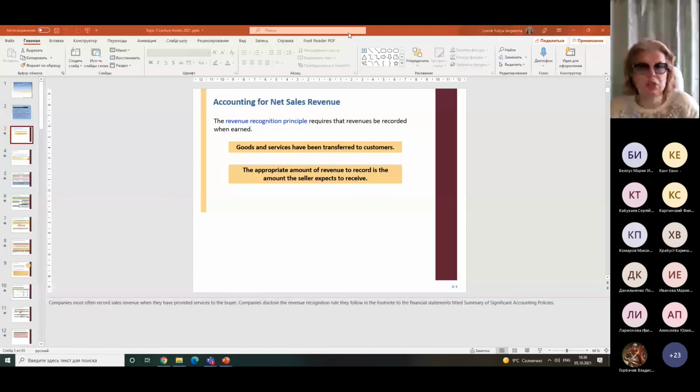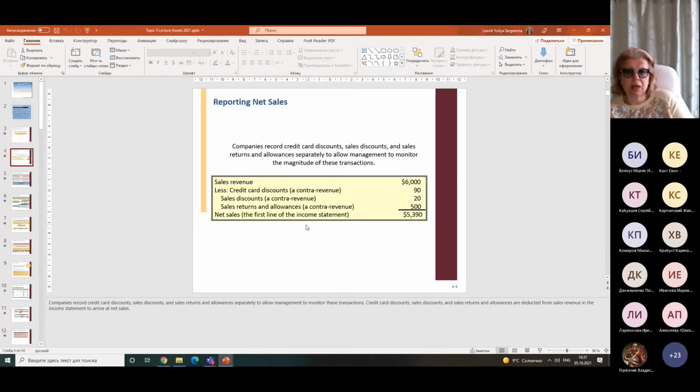Okay, so dear students, first of all, let me repeat once again and specify what is the definition of net sales revenue. So when we deliver goods or services as a company to the customers, it could be some special offers to the customers or special discounts.